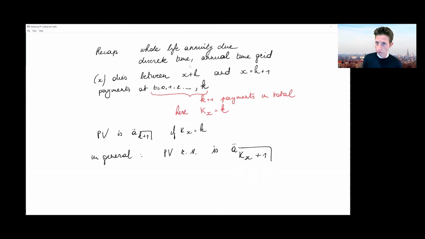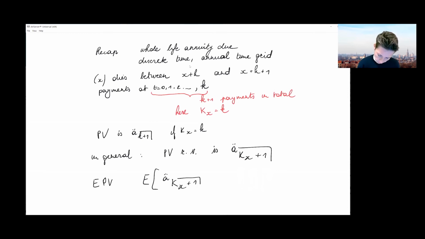So what is of interest to me as an actuary is, what about the EPV of this product? So what about the expected value of this present value random variable? Well, the EPV of the product then becomes the expected value of what I had over here.